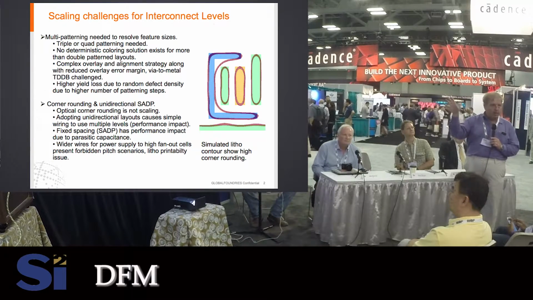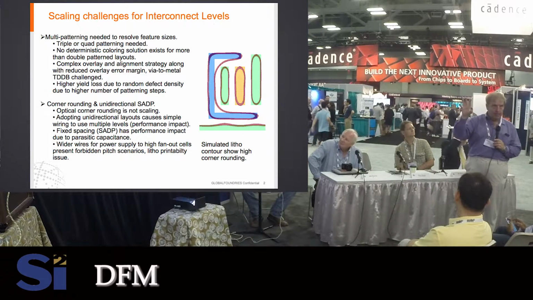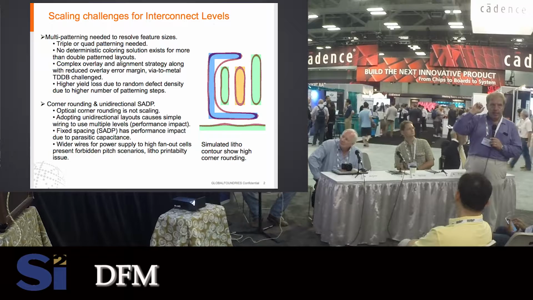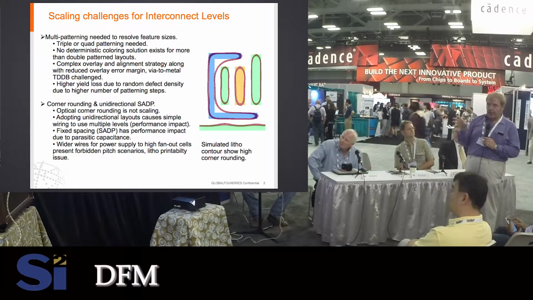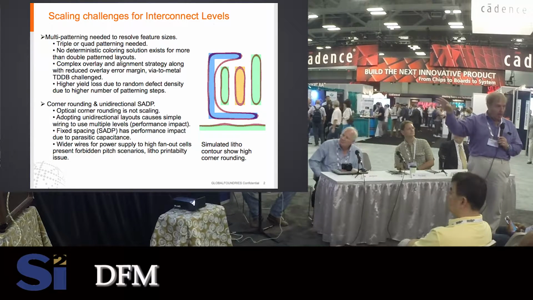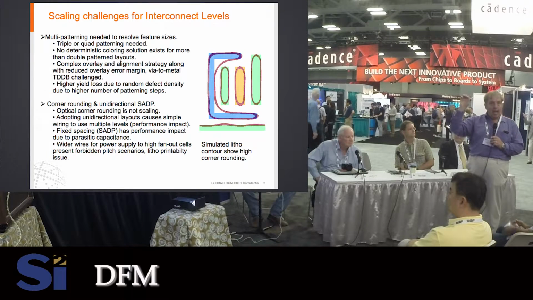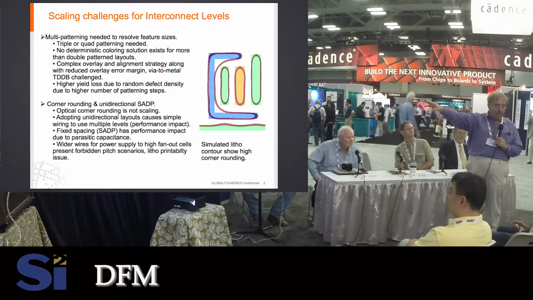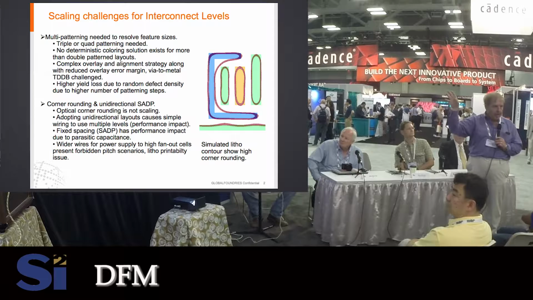The problem that we've seen at Globalfoundries when we are pushing the technology is that it limits the area. So with all due respect, you're going to see a lot of people doing colorless design and then going back and asking the EDA vendors to come in and develop coloring going forward.